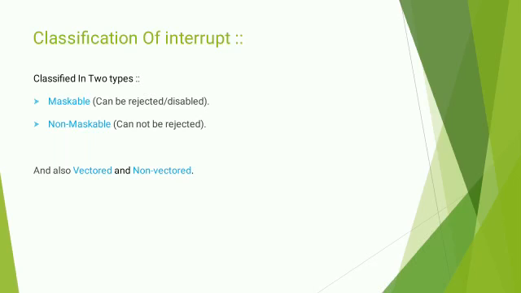Interrupts can also be classified into two types, that is vectored interrupt and non-vectored interrupt. In a vectored interrupt the address of the service routine is hardwired, and in a non-vectored interrupt the address of the service routine needs to be supplied externally by the device.